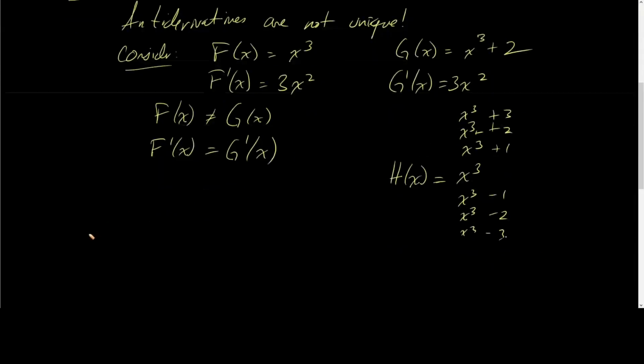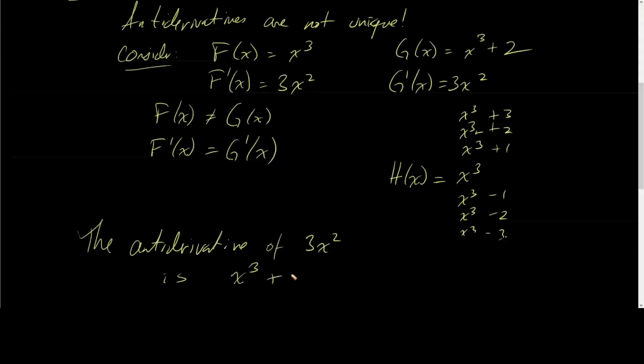The way that we account for that is we essentially say, the antiderivative of this case, let's say 3x squared, is, well, for both of these, they came from an x cubed. So we're going to say it's x cubed plus c, plus some constant.